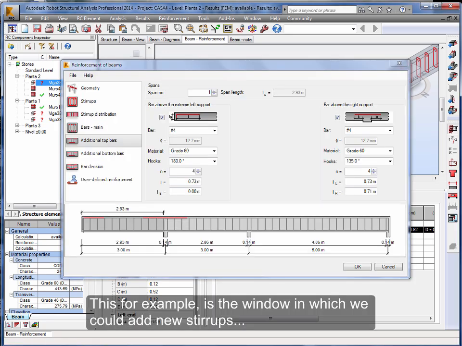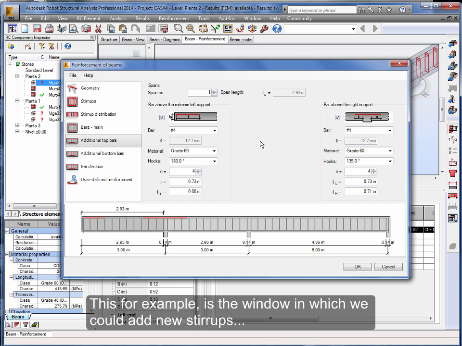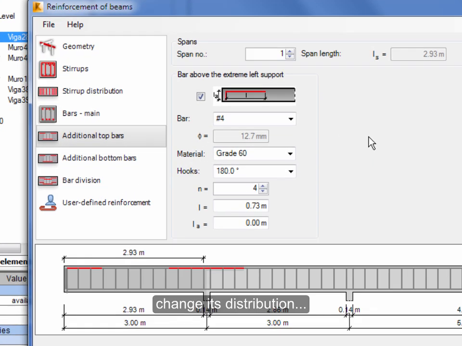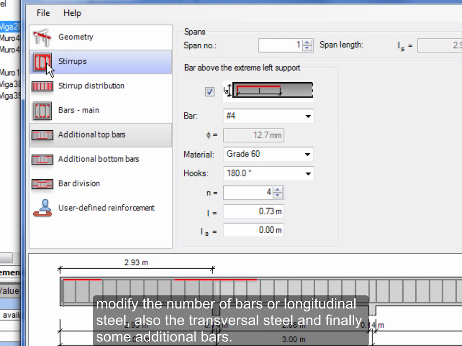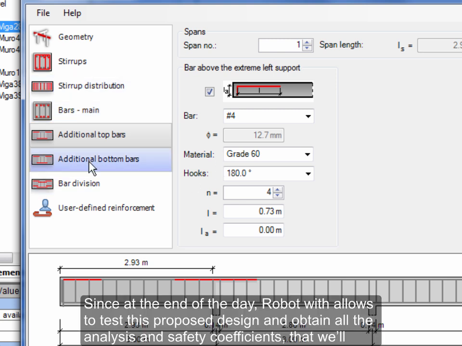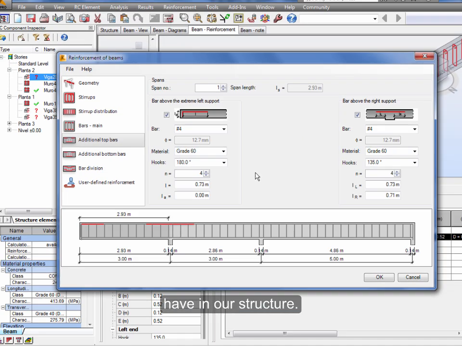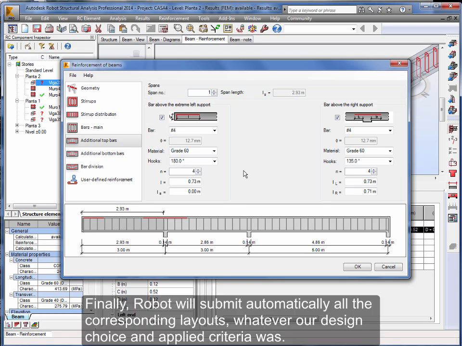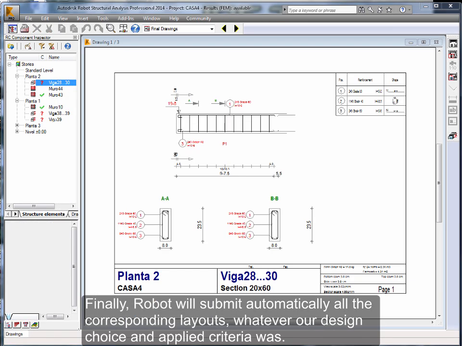This, for example, is the window in which we could add new stirrups, change their distribution, modify the number of bars, or longitudinal steel, also the transversal steel, and finally some additional bars. Since at the end of the day, Robot will allow us to test this proposed design and obtain all the analysis and safety coefficients that we'll have in our structure. Finally, Robot will submit automatically all the corresponding layouts, whatever our design choice and applied criteria was.